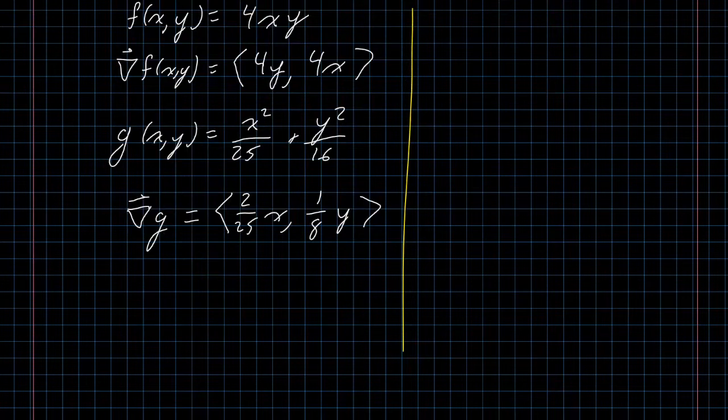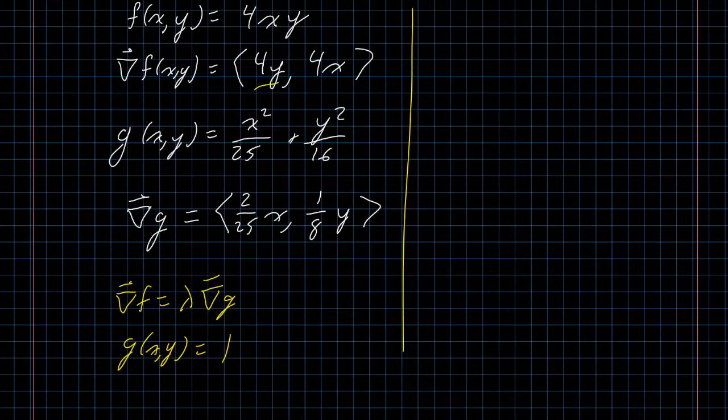So we know that delta f is some lambda times delta g, and we know that g of x and y is equal to 1. With just those constraints, we can write out each of those equations.